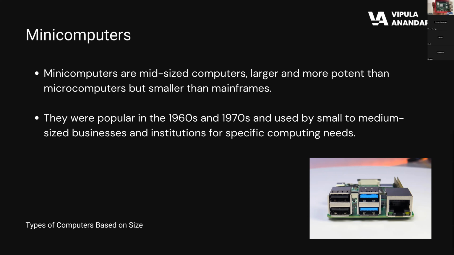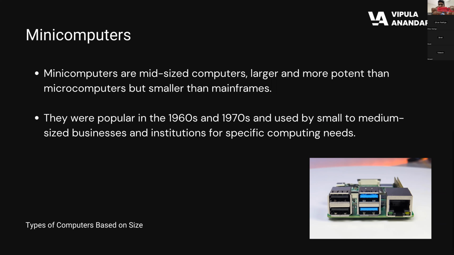Here you can see the microcontroller. This part is the CPU, which has the heatsink, and basically this is a complete computer.